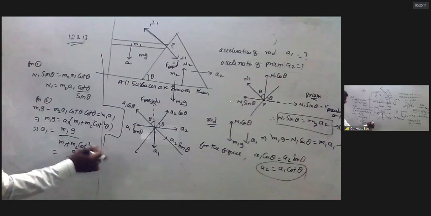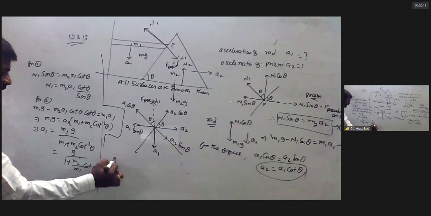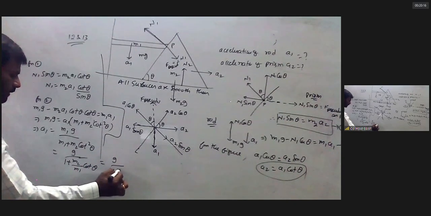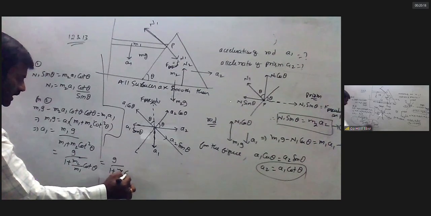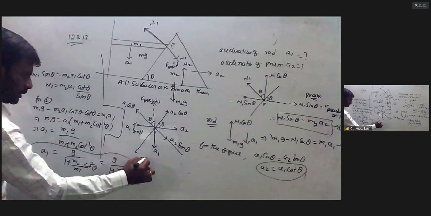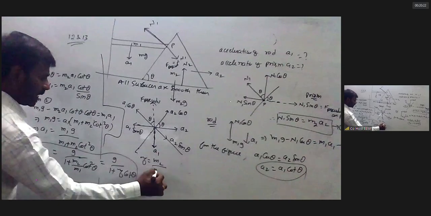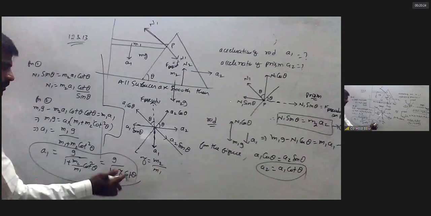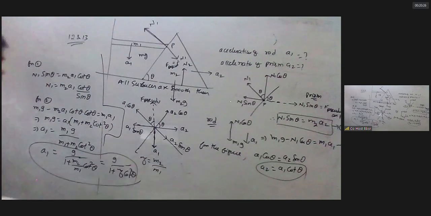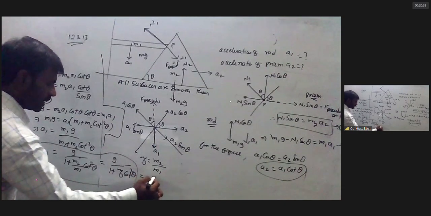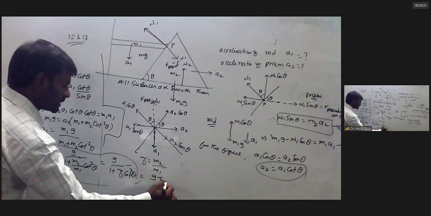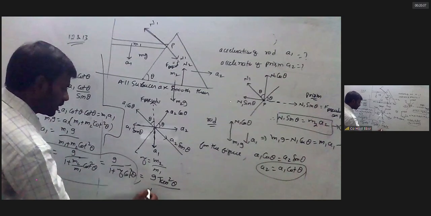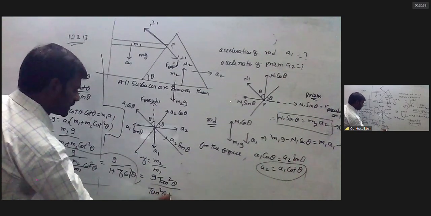This can also be written as G by 1 plus eta cot square theta. This question is given in terms of eta here. Eta equal to M2 by M1. This will also be written like this: G tan square theta upon tan square theta plus eta.